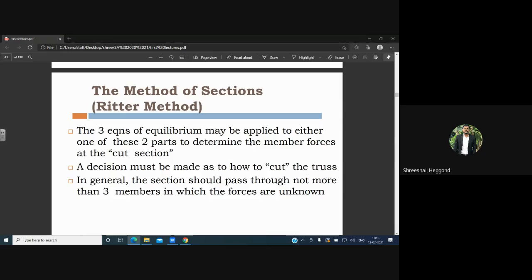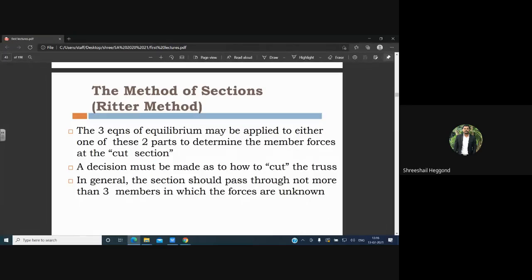Why? Because you have 3 equilibrium conditions. You can apply only the 3 conditions of equilibrium. If the number of members cut by a section becomes more than 3, it is difficult to solve or analyze the numericals.